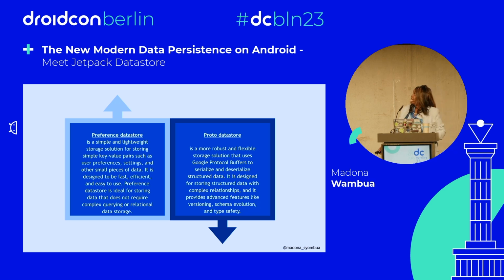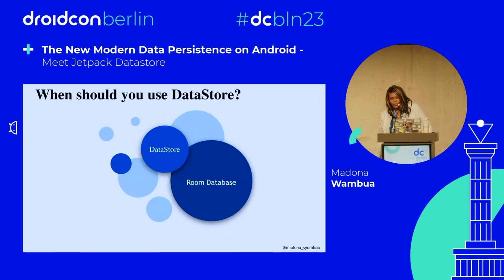And I know with that slide, many of us will be like, wow, so when should you actually even use Room? Because now we have all these types of data stores, but when do you decide, like, should I use Room here?